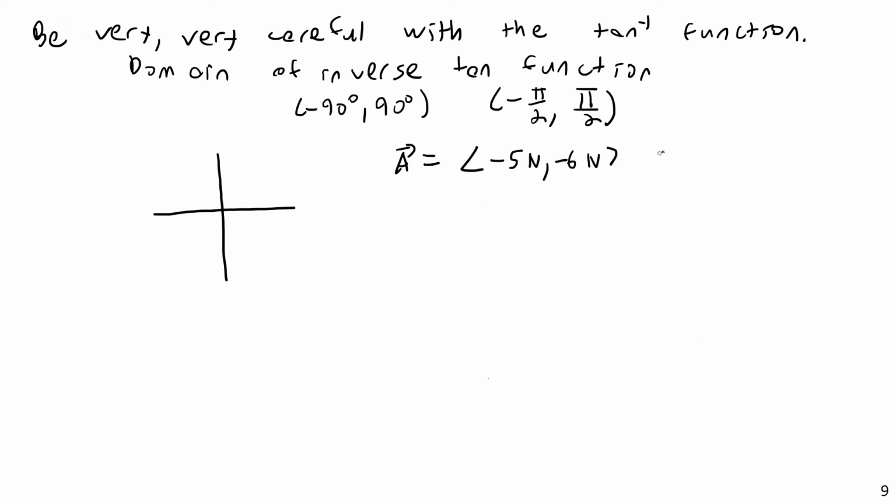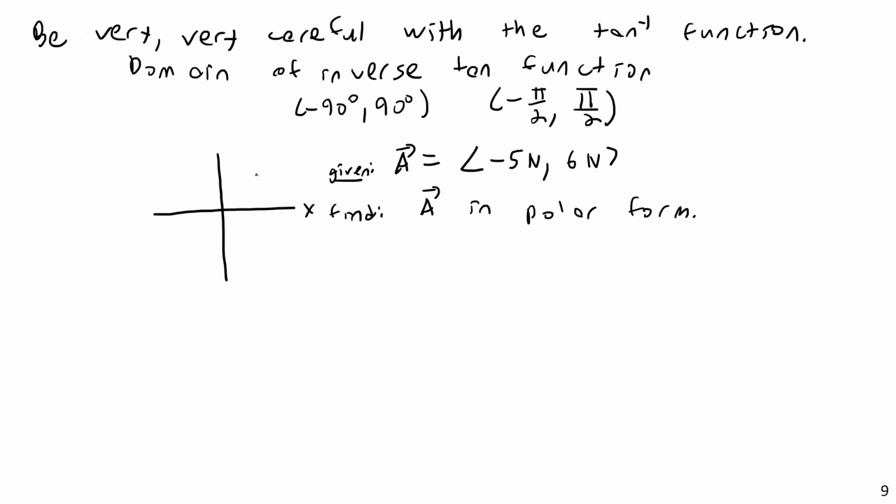Given -5 newtons, comma, 6 newtons, find A in polar form. You know what, actually, let me go ahead and make this positive 6 newtons to make double trouble. So let's say I want to find vector A in polar form.